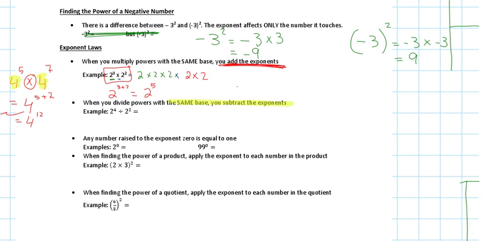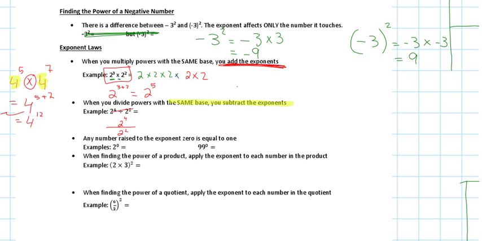So I have 2 to the power of 4 divided by 2 to the power of 2. I'm going to rewrite this as a fraction, 2 to the power of 4 over 2 to the power of 2. You agree that this and the division sign mean the same thing, right? We talked about this before.